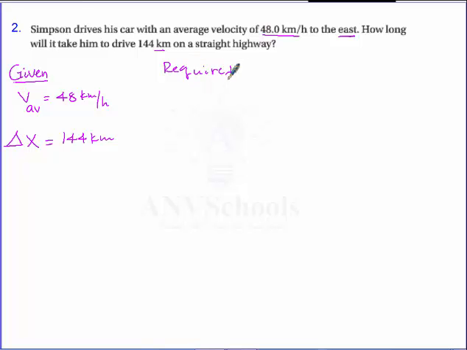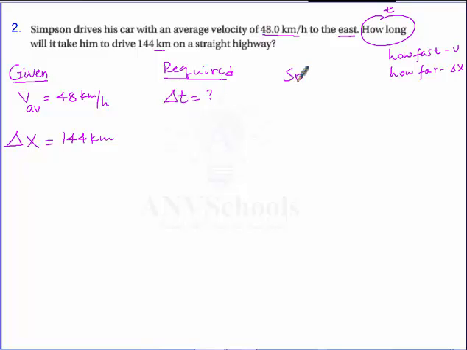Don't forget that whenever you are asked to find how long, it means you are asked to find time. How long is time, how fast is speed, and how far is displacement or distance. These are common terms in physics. How long means the time the object is moving, how fast means the speed, and how far is the displacement of the object. Here we are asked to find the time interval.